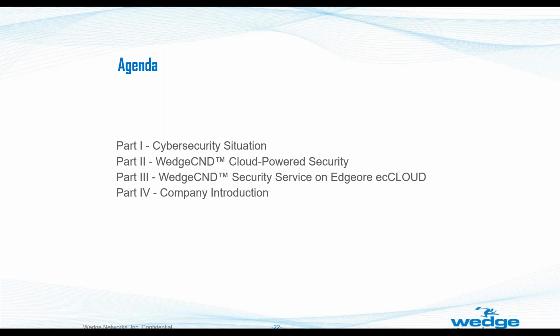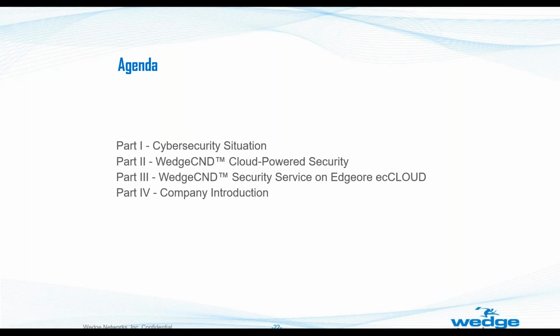Okay, my presentation today will be divided into 4 parts. In the first part, I will briefly explain the current cybersecurity landscape and the demands of users for security solutions. In the second part, I will introduce the Wedge Cloud Network Defense, also known as WedgeCND, Cloud Service Solution.